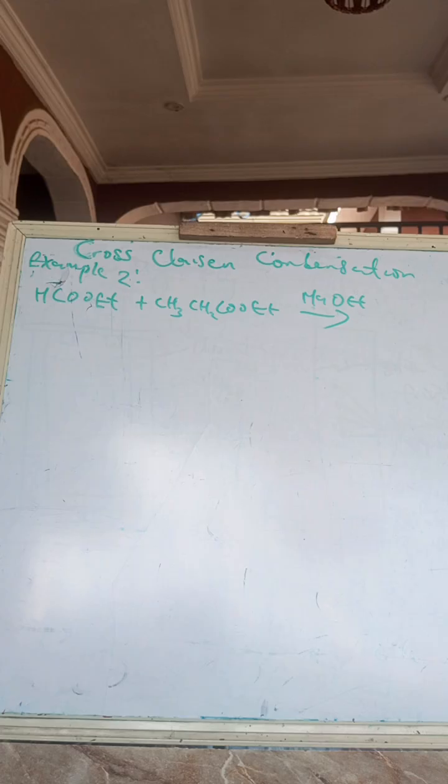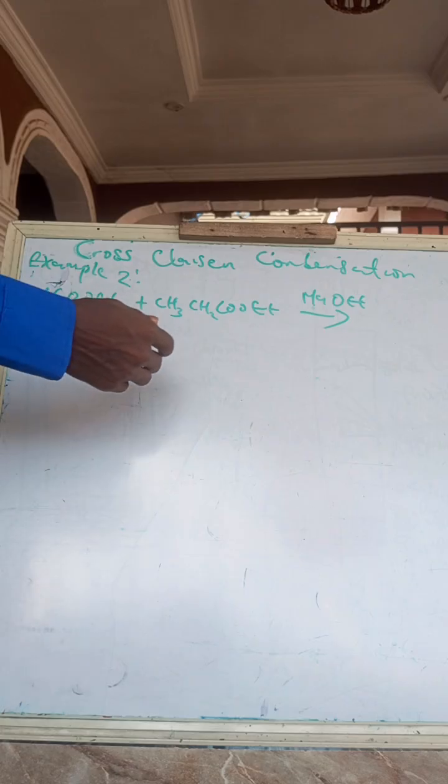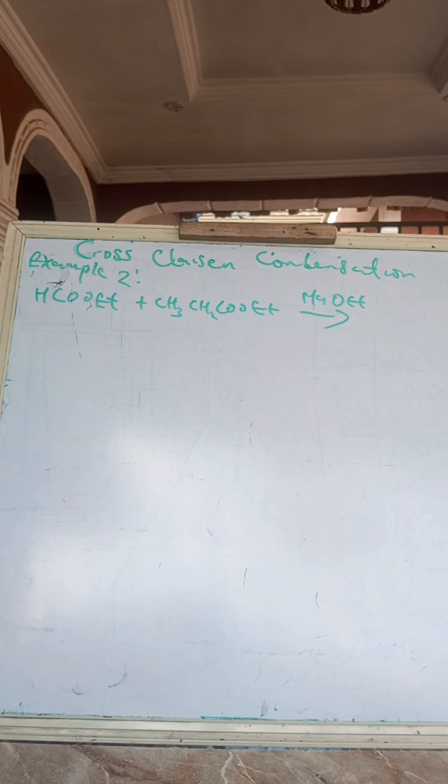Through proper analysis, we can figure out that the alpha hydrogen is in our ethyl propanoate. So now we need to deprotonate ethyl propanoate.